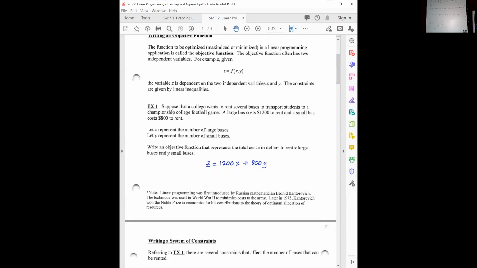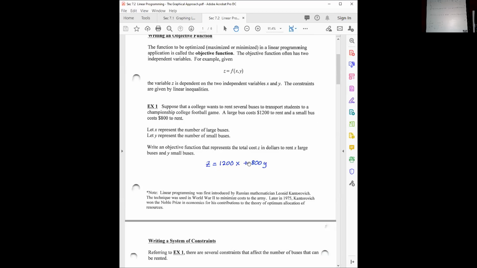Let's look at example 1. It says, suppose that a college wants to rent several buses to transport students to a championship college football game. A large bus costs $1,200 to rent, and a small bus costs $800. So you have to choose a variable for the large bus and the small bus. Here they choose X and Y, and they say 1,200 times X. That's where they got this from, and 800 times Y for the small bus.